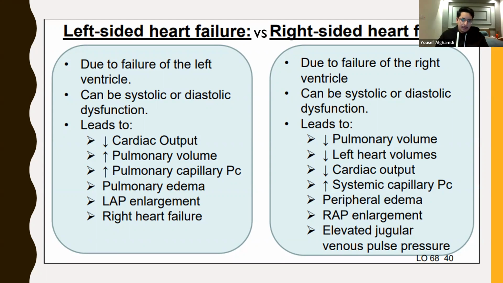Okay, so just keep in mind, right-sided heart failure, peripheral edema, left-sided, pulmonary edema. Another thing, left-sided heart failure causes right heart failure because the blood backs up in the lungs, resulting in increased resistance for the right heart, leading to its failure. Okay.